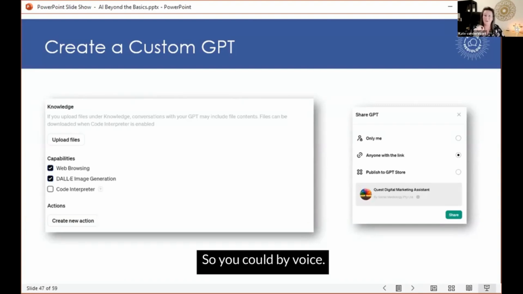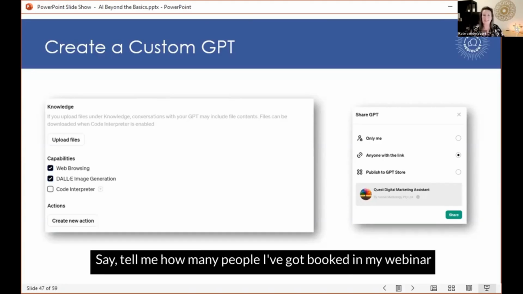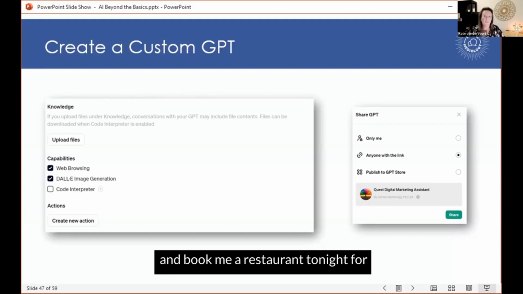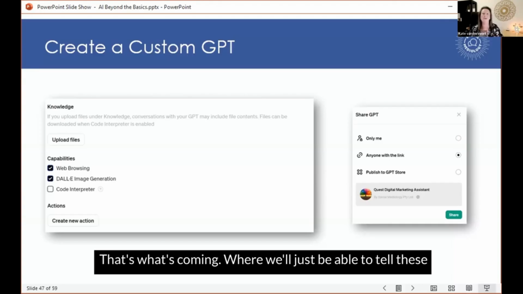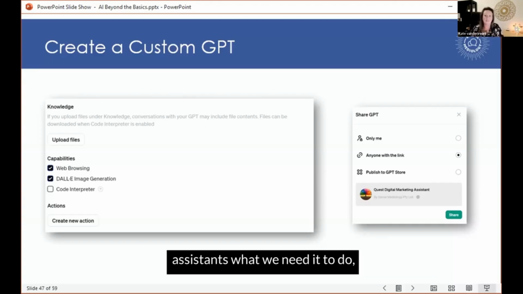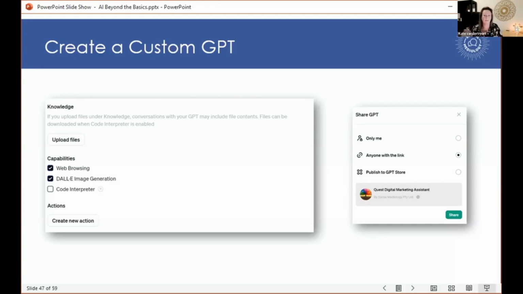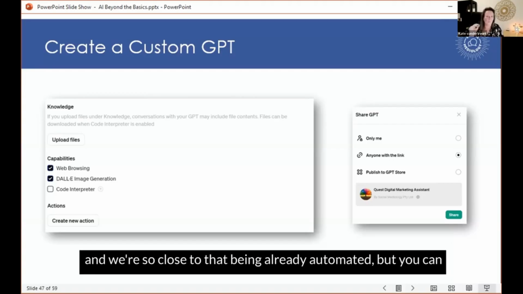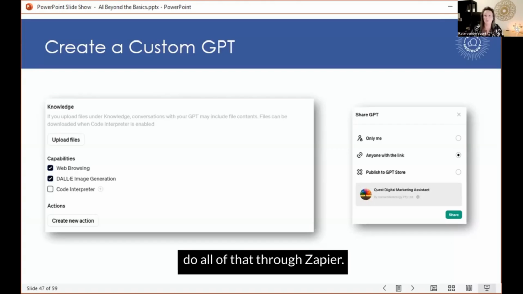So you could, by voice, say, tell me how many people I've got booked in my webinar and book me a restaurant tonight for 6 people and send a text message. That's what's coming, where we'll just be able to tell these assistants what we need it to do, and it will string together platforms, tasks, and we're so close to that being already automated, but you can do all of that through Zapier.